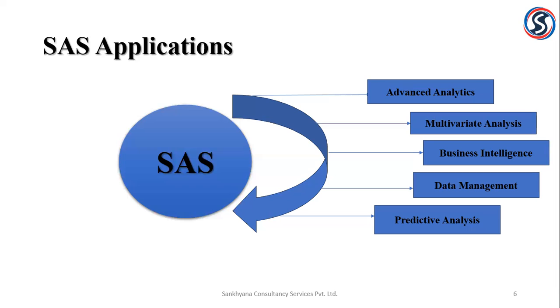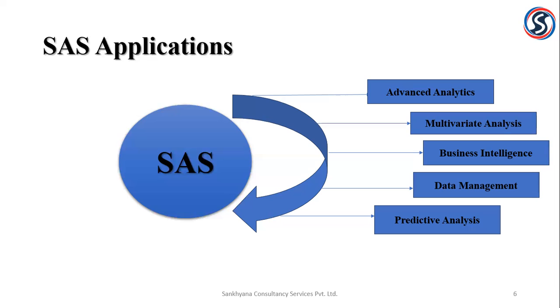In retail it also has its contribution, like we are using SAS for customer analysis or for supply chain optimization. In marketing we have campaign management, and we are using it for customer segmentation.